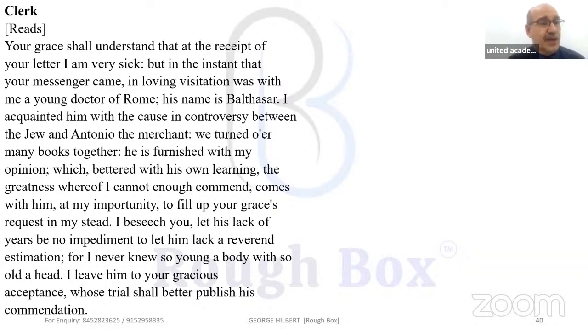And he says, your grace shall understand that at the receipt of your letter, I am very sick. Dear Duke, I want you to understand that when I received your letter, I was very sick.